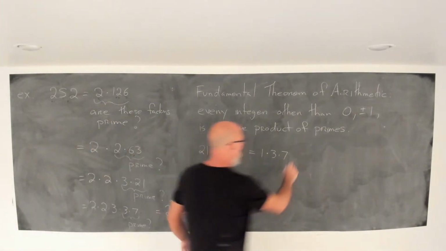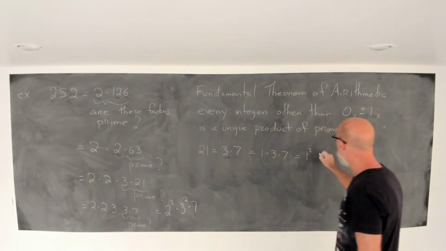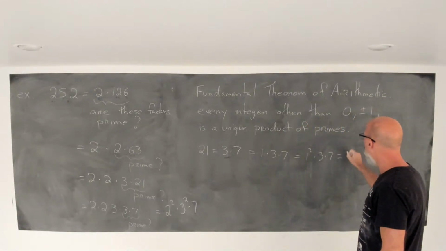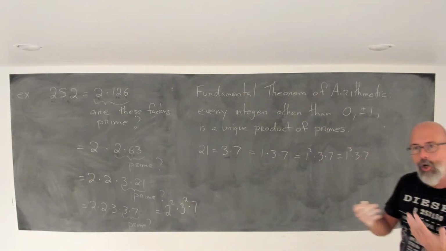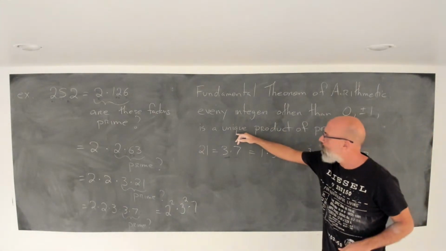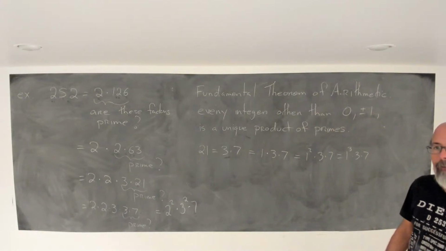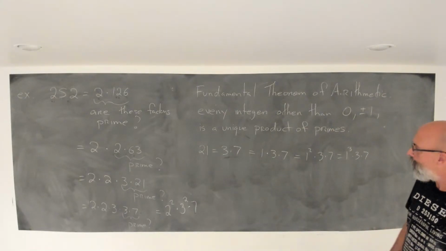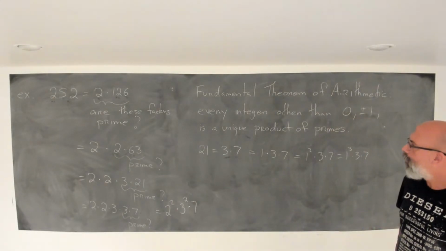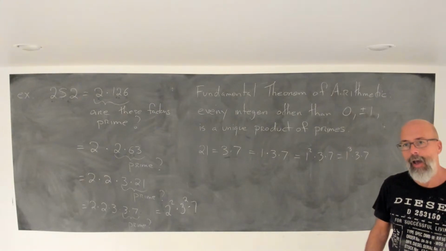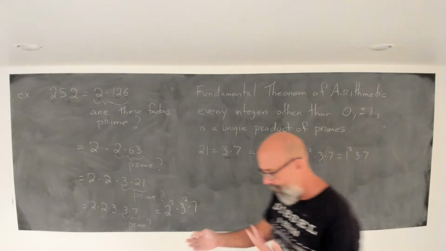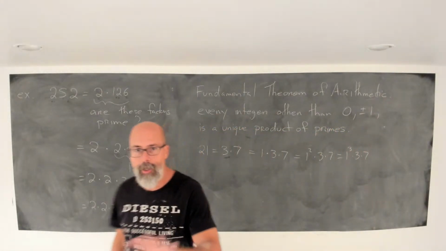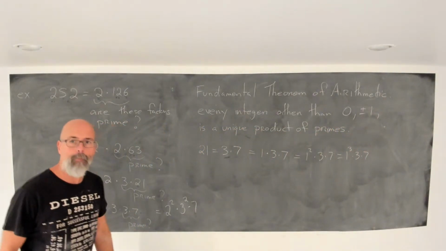And you could also rewrite it as 1 squared times 3 times 7, and so on. So this decomposition into a product of primes would no longer be unique. So that took care of 1 as a possible prime number, and that's why now the convention is that 1 is not prime.